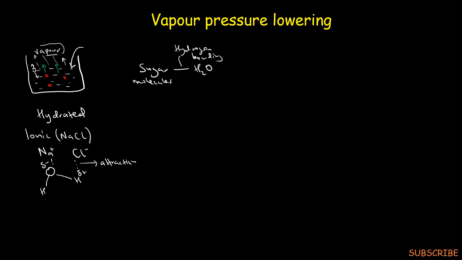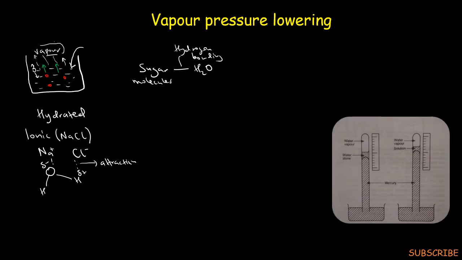We can easily show that by using a basic mercury barometer. So we have our mercury here. If you look at this image, we have our mercury in this column here, and then we have our water. If this is A and this is B, we have our water here in this tube, and then we have our solution here. It could be a sugar water solution or a salt water solution.